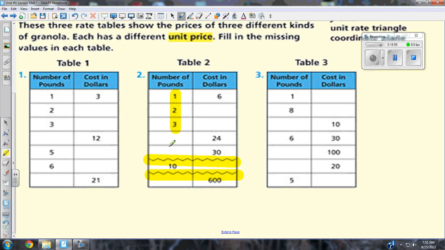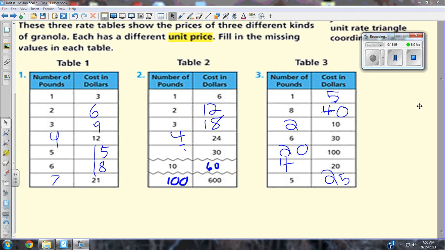What they're doing there is they're saying that it's jumping from this number to 10 instead of representing everything in between. So let's take a look at what that would look like completed. So go ahead and again make that rate table. All right, so problem number 2, table 2, number of pounds 1, cost 6, number of pounds 2, cost 12, and so on. 4, 24, it should be a 5.